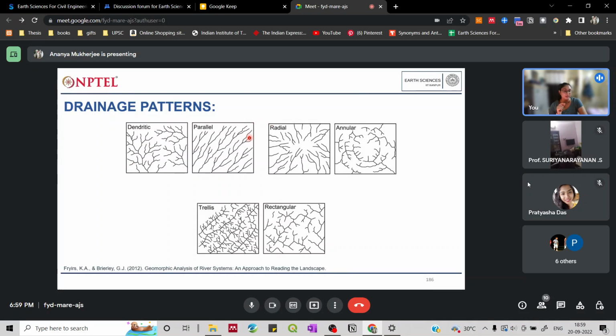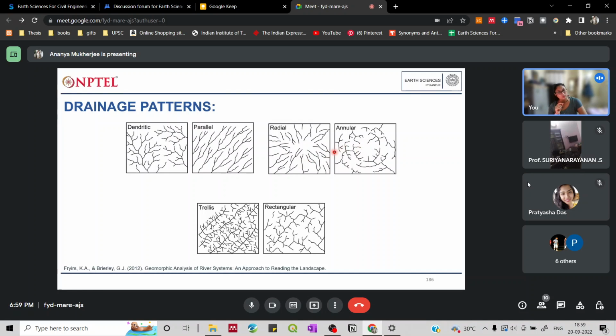Then you have parallel, which usually happens along sloping surfaces, and this again happens in homogeneous rock units.